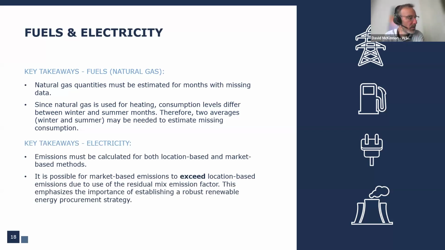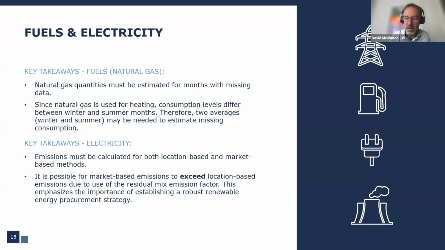For electricity, always be very aware of the emissions factor you're using for doing the location and the market-based calculation. It's best and recommended to do both, so that you are as transparent as possible in your greenhouse gas reporting.